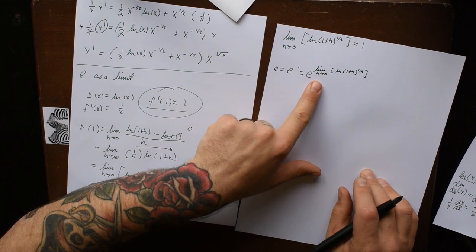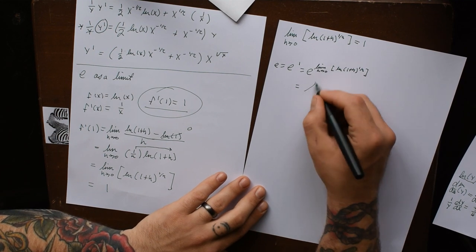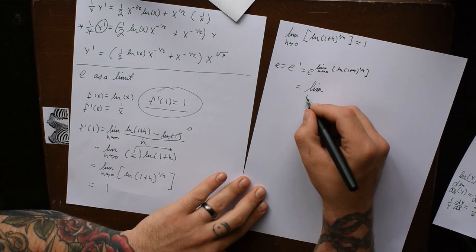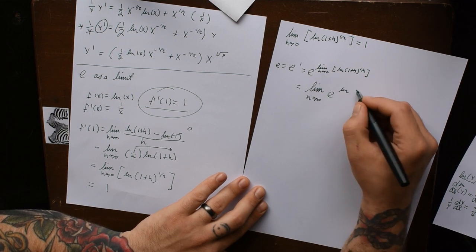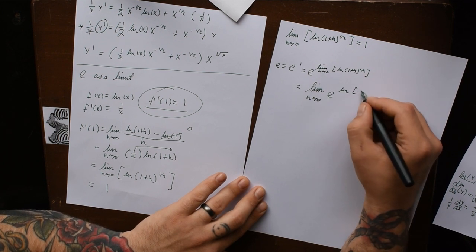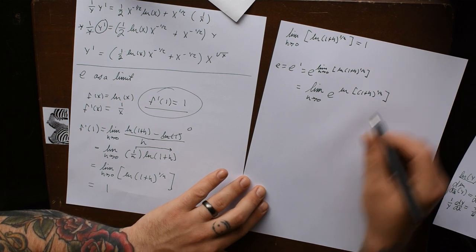Which, by continuity, we can pull that limit out here. This is equal to the limit as h goes off to 0 of e to the natural log of 1 plus h to the 1 over h.